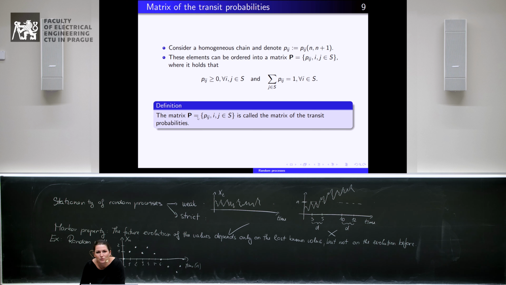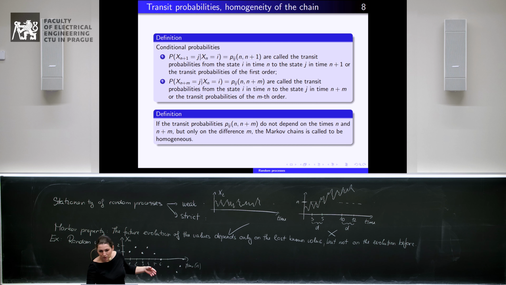The matrix of transit probabilities is the matrix consisting of these Pij when we suppose that the process is homogeneous. Going back to the previous slide, when we suppose that these probabilities of getting from the value i to the value j in 1 step don't depend on the value n, we are interested only in this Pij, the probabilities of getting from i to j in 1 step.